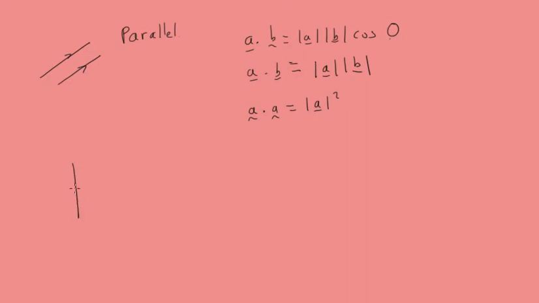Our second special case is when we have perpendicular vectors. So right angles, 90 degrees. Theta is 90, or pi over 2 radians, cos of theta is going to be 0, so A dot B will equal 0.